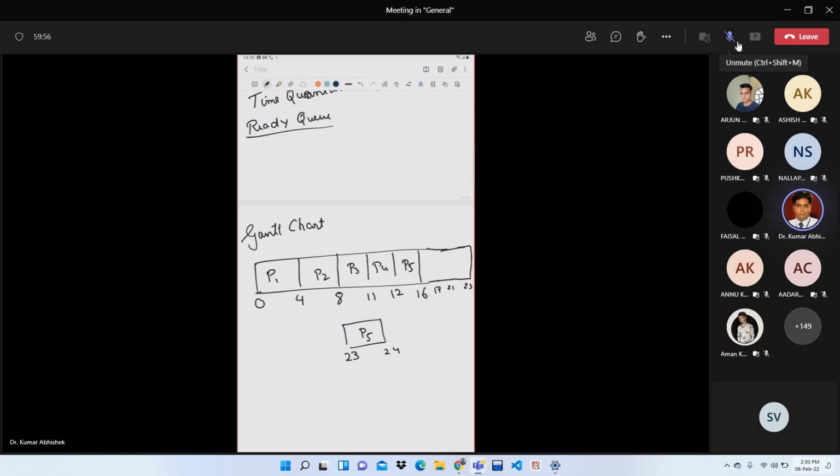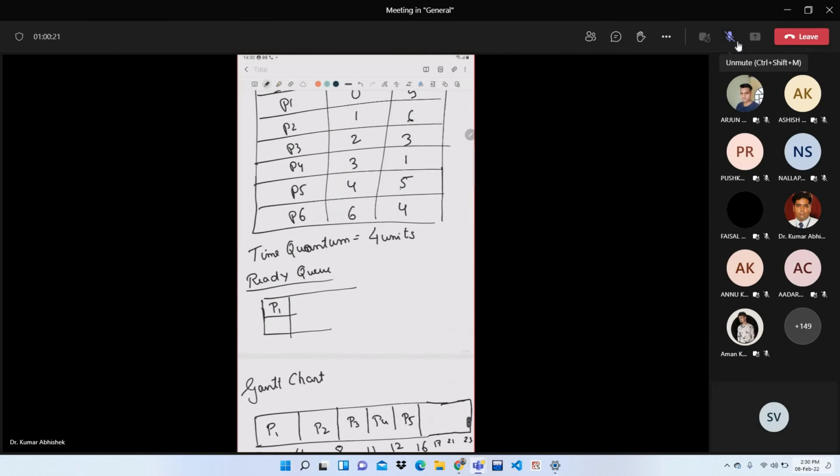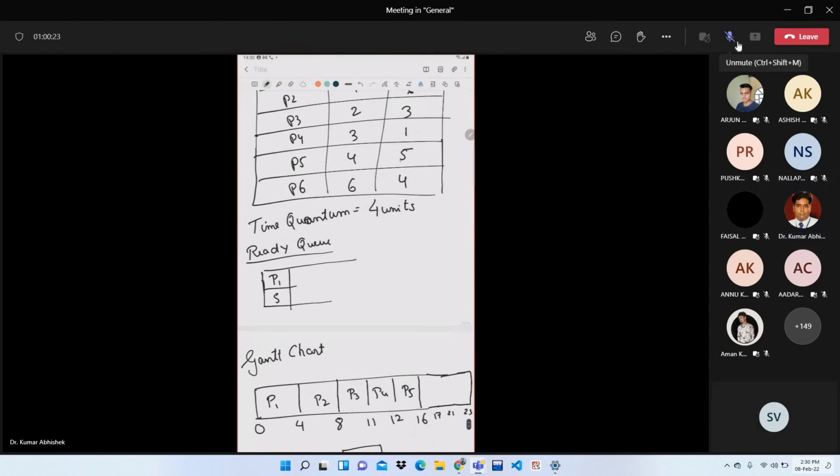Now see, what is happening when a process has burst time remaining after the time quantum? It is moved to the last of the queue. For example, in the ready queue at time 0, we had only P1 with 5.